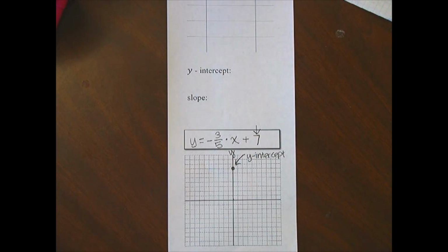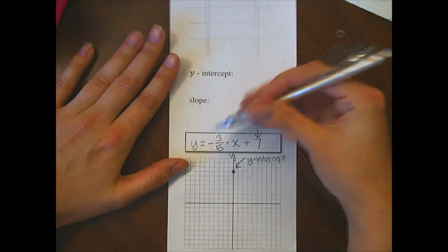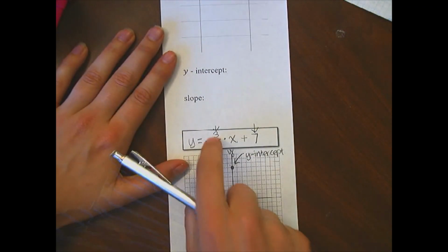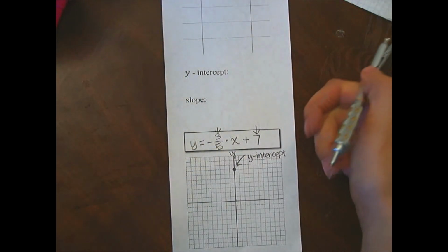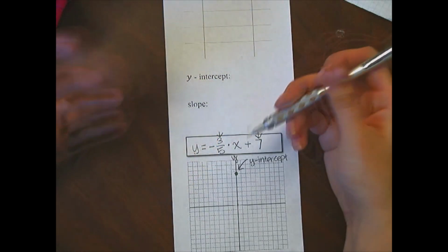Now, part 2. We have 1 point, and we need to find all the other points. So I'm going to use my lattice pattern that I know from my slope. This is my slope. I'm going to give it 2 other names in a second, just to make things more confusing. But this is my slope.